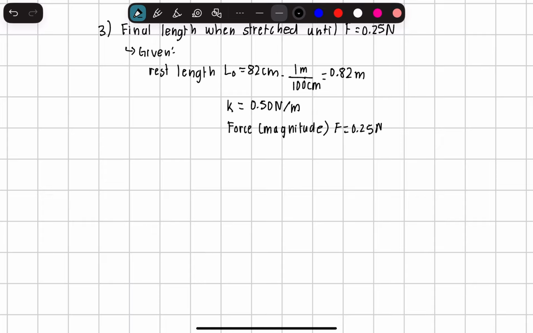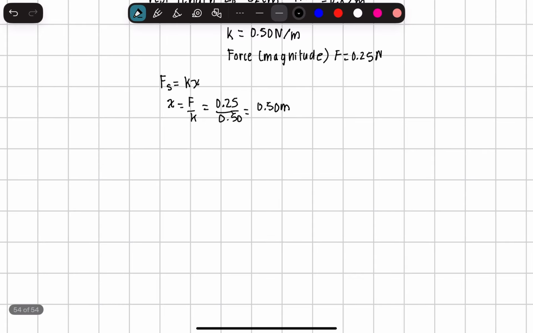We rearrange the equation for the spring force and solve for x: dividing both sides by k, you get F over k, which is 0.25 over 0.50, leaving 0.50 meters.